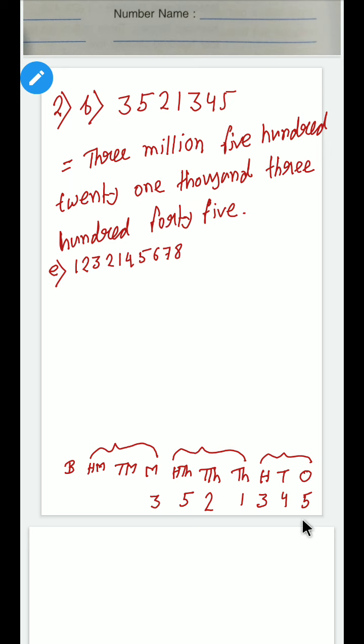Now write the number from the end: 8 7 6 5 4 1 2 3 2 then 1. Now look here, in billion room there is given 1, so it will be 1 billion. Then 232 belongs to the million room, so write here 232 million.